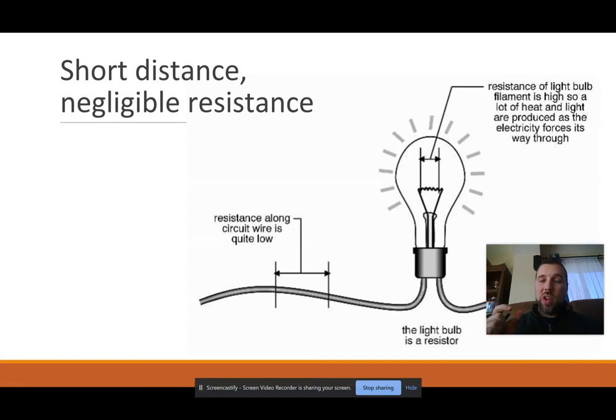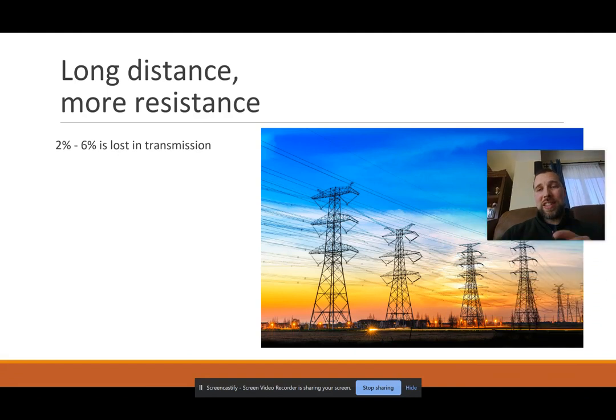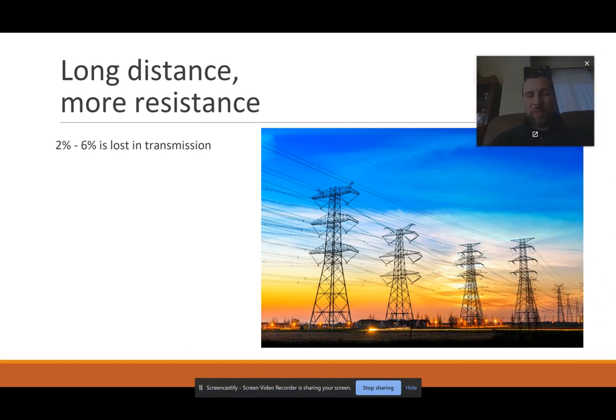The resistors, though, light bulbs, toasters, things you put in the way, these are designed to have a very high resistance because they want to turn the potential energy of the electrons into something more useful, light, heat, etc. So we have high resistance here, very, very tiny resistance in the wires, enough that we can neglect it, unless we go for a very, very long distance, and that starts to build up. Transmission lines, now you're talking like 2 to 6% of energy lost along the way.